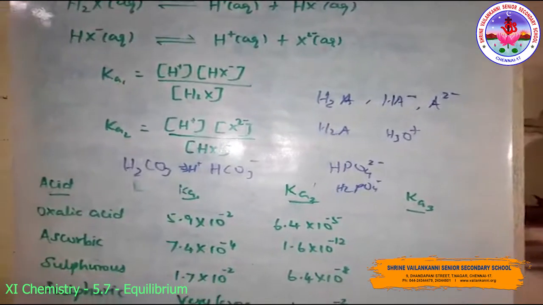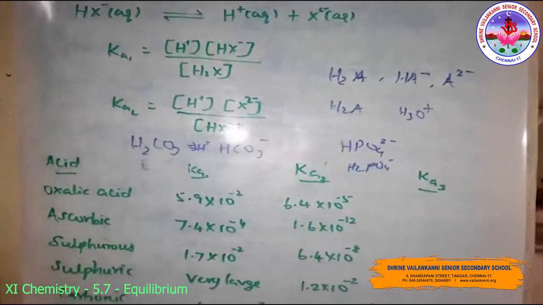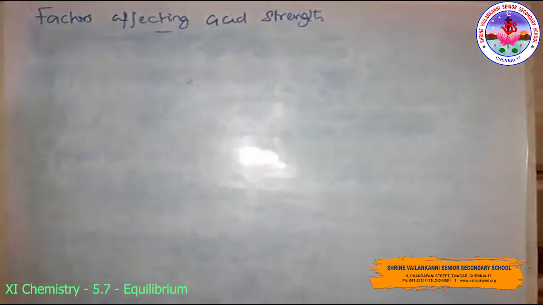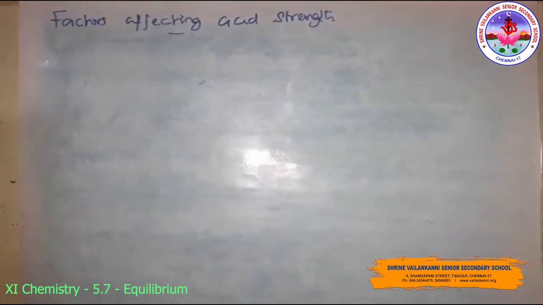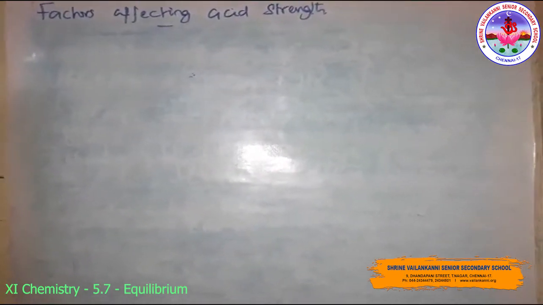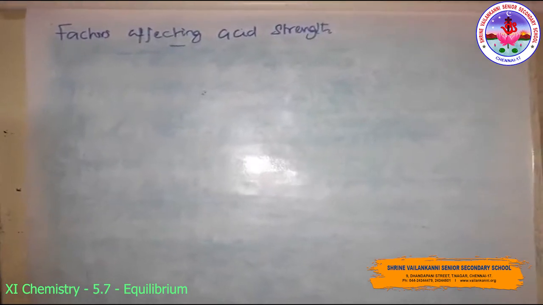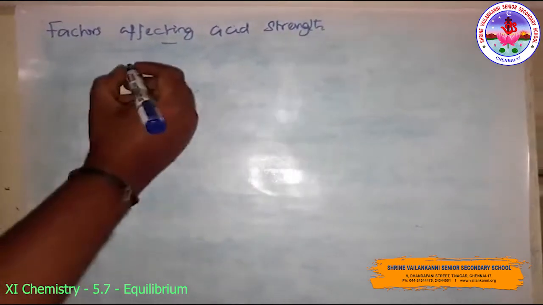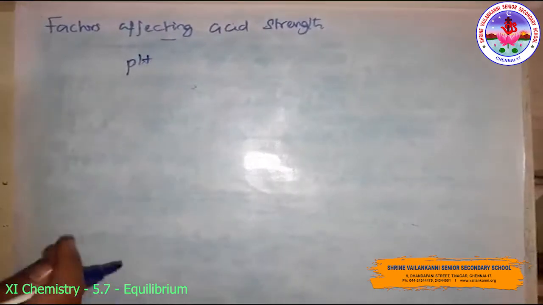Factors affecting acid strength. We have discussed quantitatively the strength of an acid and base, so we come to a stage where we can calculate the pH of a given acid solution.